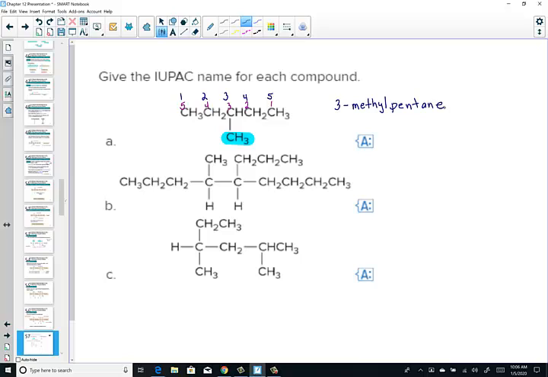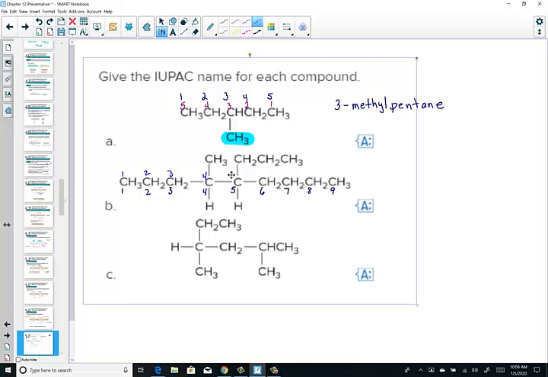Letter B, find the longest carbon chain. Let's just dive in and see. 1, 2, 3, 4, 5, 6, 7, 8, 9, if I number from left to right. 1, 2, 3, 4. I won't go up because that's the terminal chain. I'll go 5.